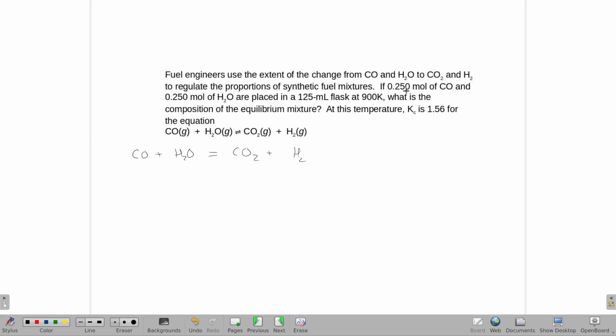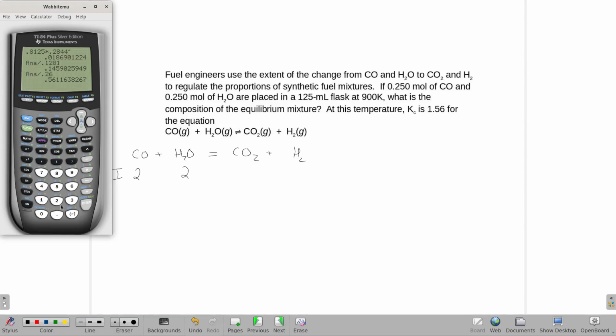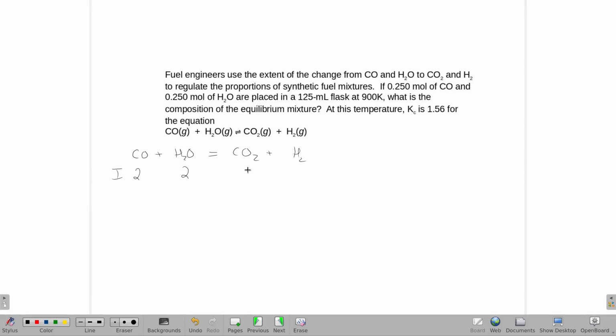I have 0.25 moles in a 0.125 liter flask, so this is 2 molar, and this is 2 molar. I'll calculate that so you see where it came from: 0.25 divided by 0.125, converting to liters. It doesn't say anything at all about these, so I assume they are 0, and because they are 0, this reaction is going forward.